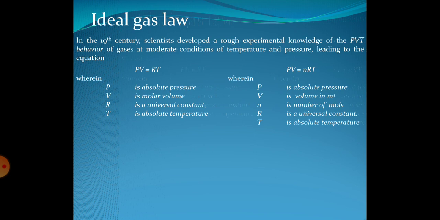Or it may be written as PV is equal to nRT, wherein P is absolute pressure, V is volume in meter cube, n is number of moles, R is a universal constant, and T is absolute temperature. The difference between the two equations is that in the first case, it is a molar volume.